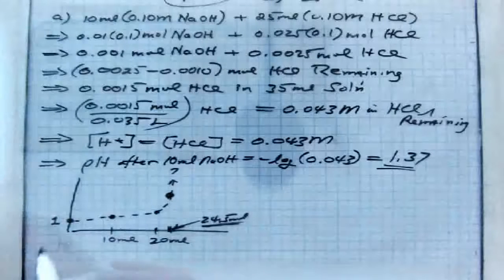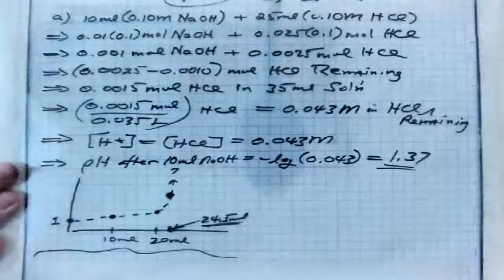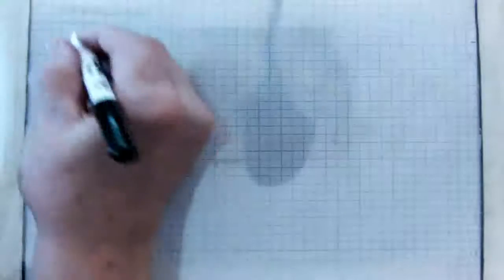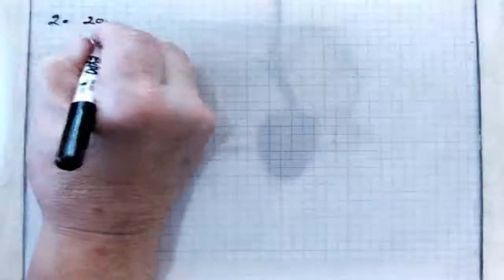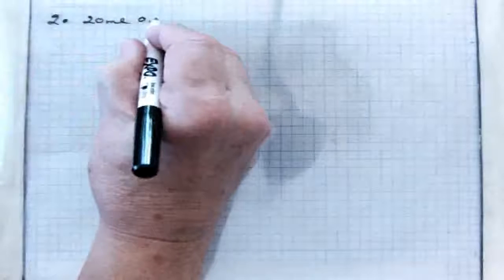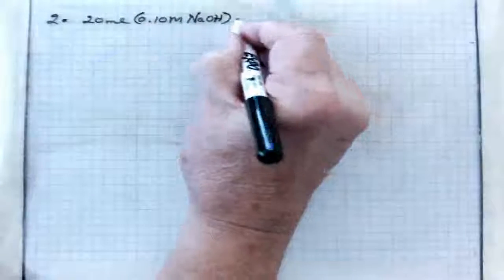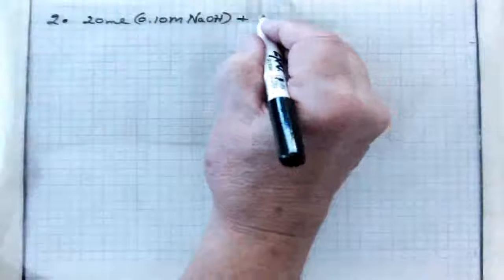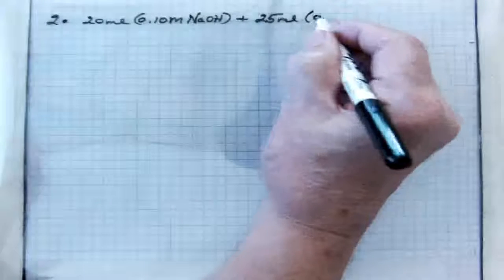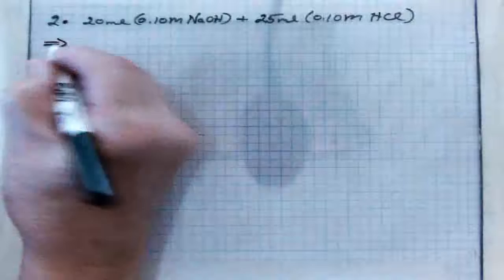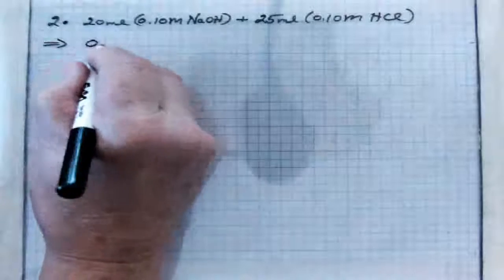So watch for that as we go through the next calculation. We'll do a 20 mil calculation. In each one of these, you have to start over. You assume 0, and then you're going to put so many mils in on the beaker volume and concentration. I'll just make that 20 mils of 0.10 molar NaOH plus 25 milliliters of 0.10 molar HCl. Again, we want to convert to moles, so that means molarity times volume in liters.